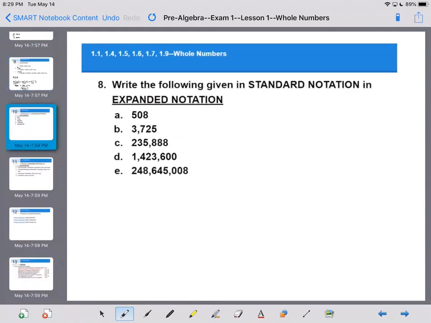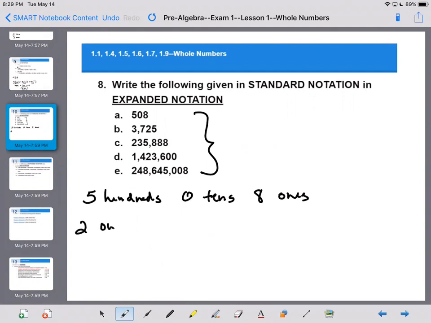So I want to write all of these that are in standard notation into expanded. So this would be 500s, there's 0 tens, and there's 8 ones. There's 2 100,000s. Looking at this one here, 2 100,000s. There's 3 10,000s.